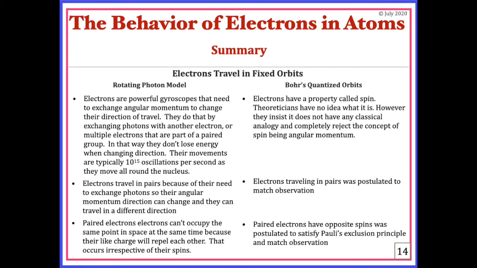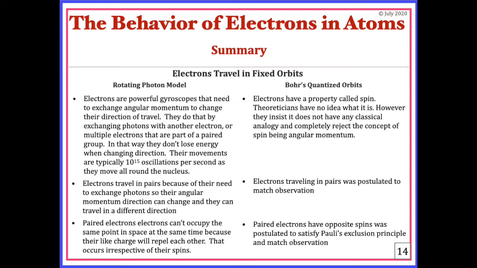Because of their like charges, paired electrons can't occupy the same point in space-time. Now that occurs naturally, irrespective of their spins, and that doesn't need any special exclusion principle. In the standard model of electrons, they are ascribed a property called spin. Standard model practitioners have no idea what it is.